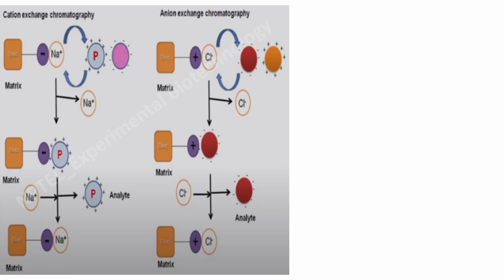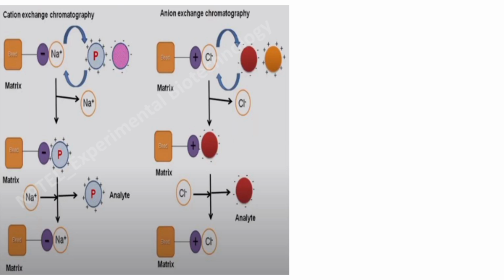Then we will increase the concentration of sodium ion. Now since more and more sodium ions are entering the system, we will increase the salt concentration. Basically we will add more and more NaCl. NaCl in the solution will be in the form of sodium ions and chloride ions. More and more sodium ions are there.